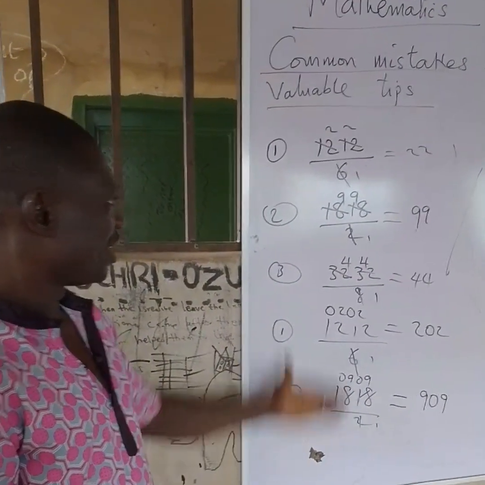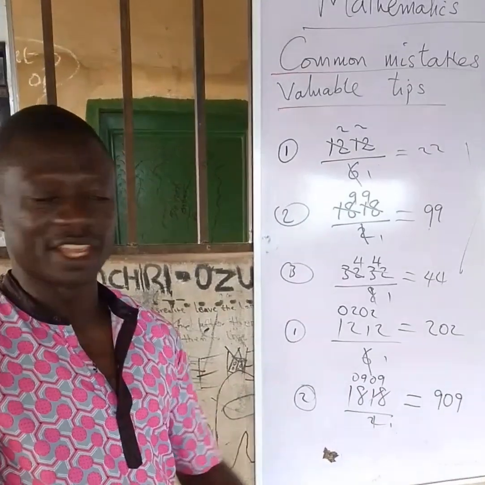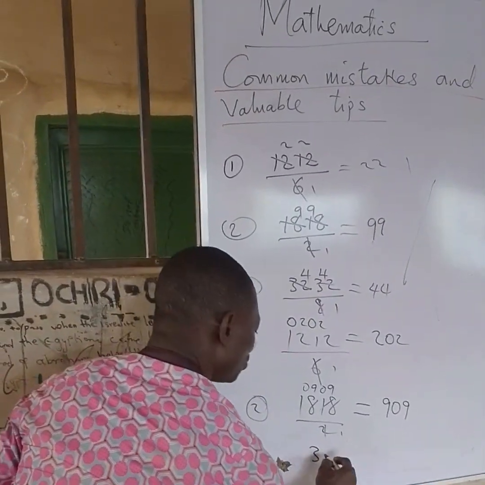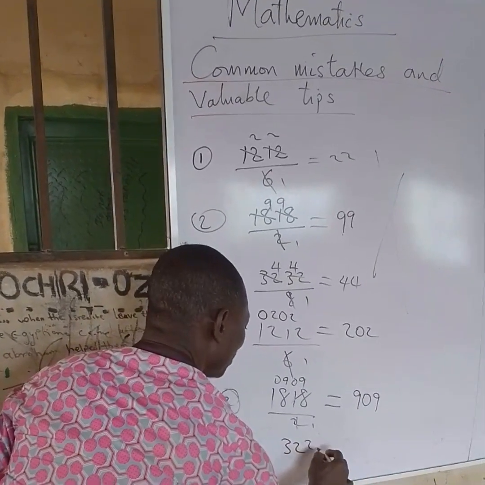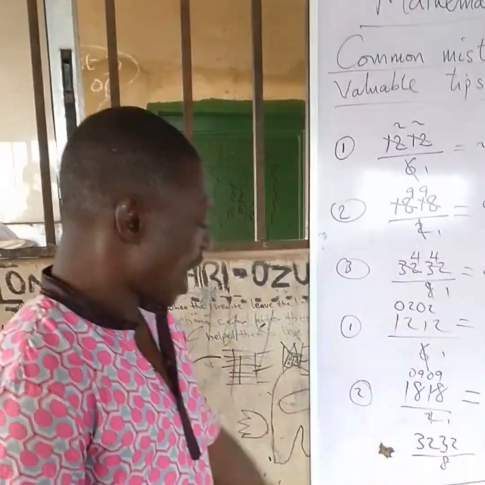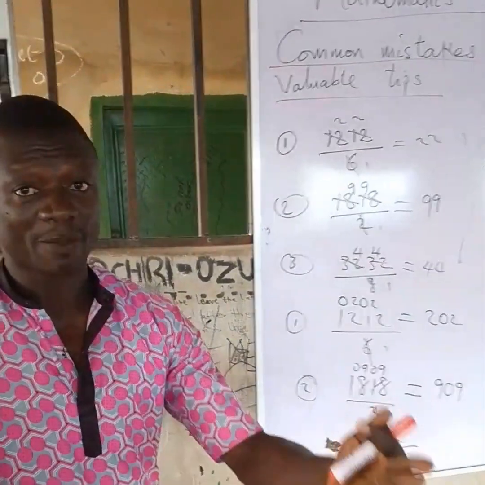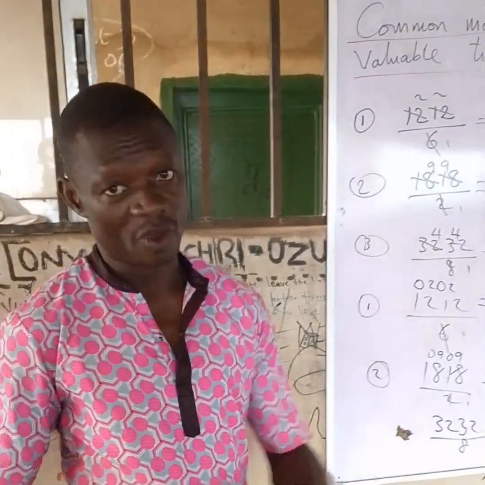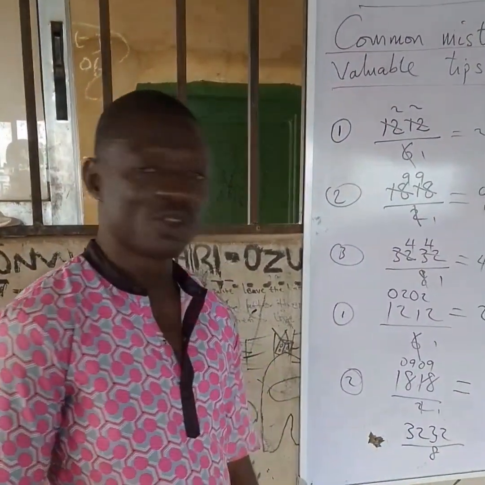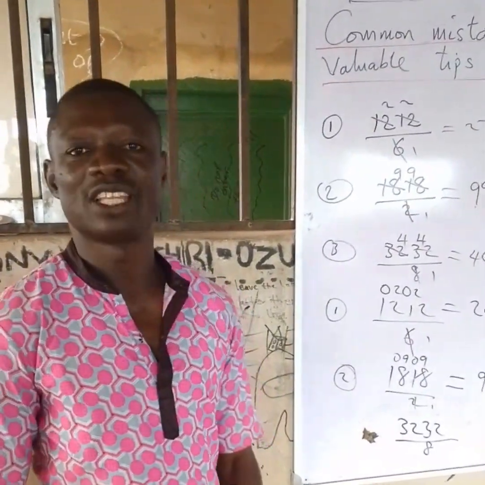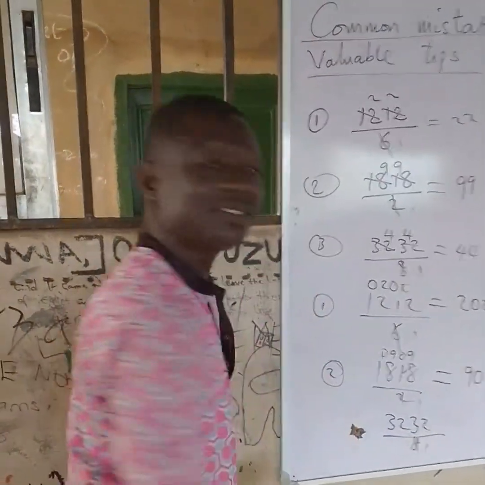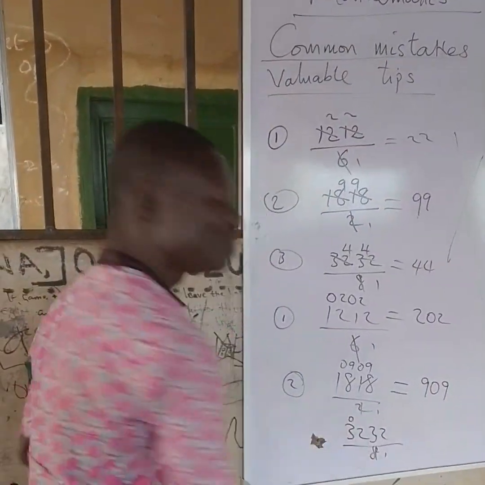And then number 3 has a similar thing. That number 3 will give us 3,232 divided by 8. In a similar way, we are going to use 8. If you are not capable of using 8, viewers, you may use 2, you may use 4. But we are saying use 8 because we know the numbers are actually divisible. If we use 8 directly, we can say 8 divided into 3 will give us 0 as usual.